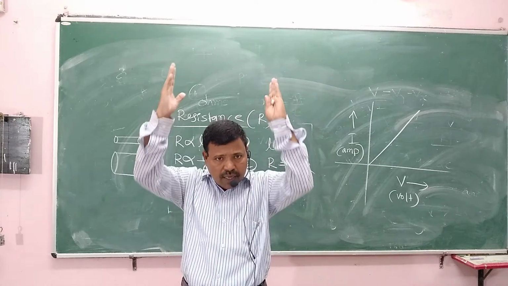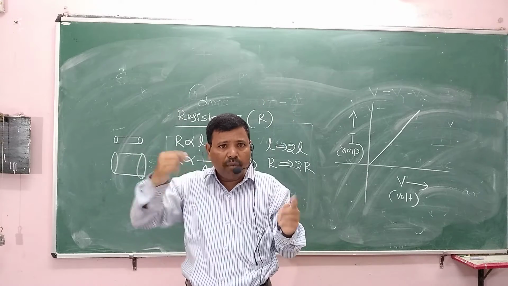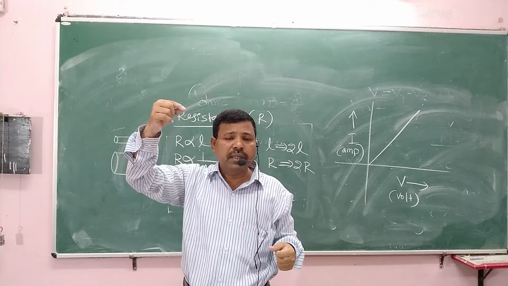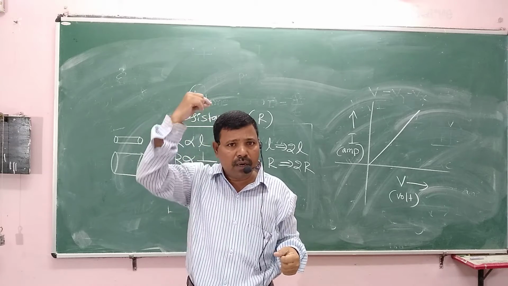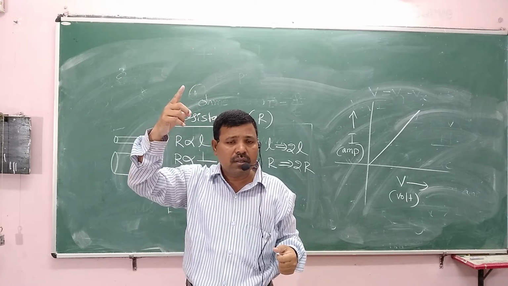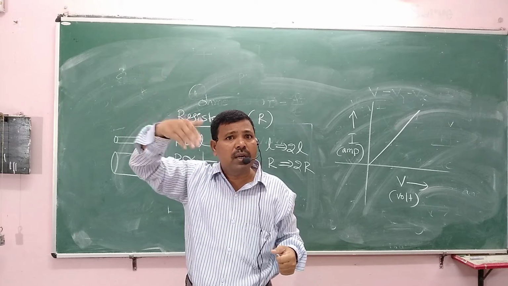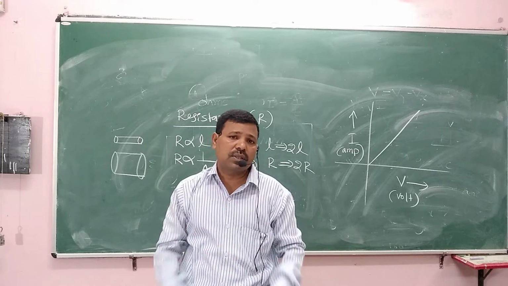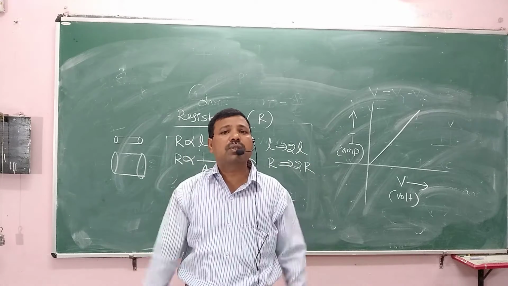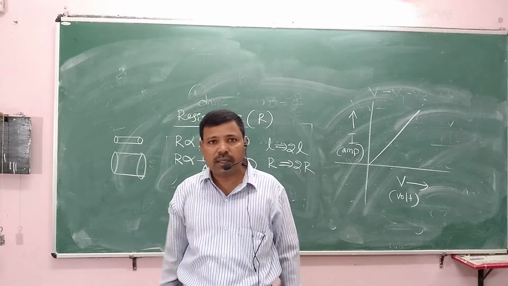If you consider identical conductors of different material, silver, copper, iron and so on, silver will have low resistance and others will have different resistances. So resistance depends on the nature of the material.